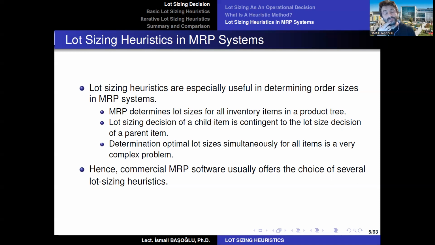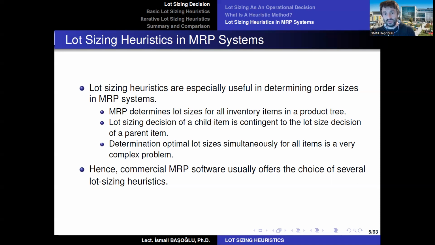We should say that the lot sizing decision of a child item is dependent on the lot sizing decision of a parent item. And the determination of optimal lot sizes simultaneously for all items becomes a very complex problem in that sense.